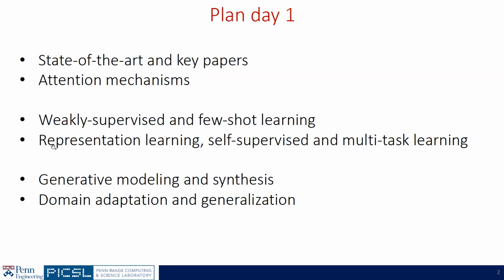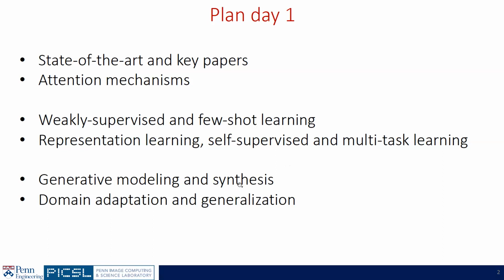I'll briefly talk about what representation learning and self-supervised learning mean, and how these things can improve the accuracy of your model and help you in generalization experiments to other settings. Then we'll completely switch gears and talk about a little bit of generative modeling.